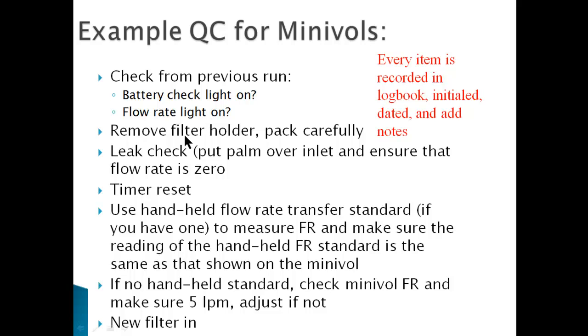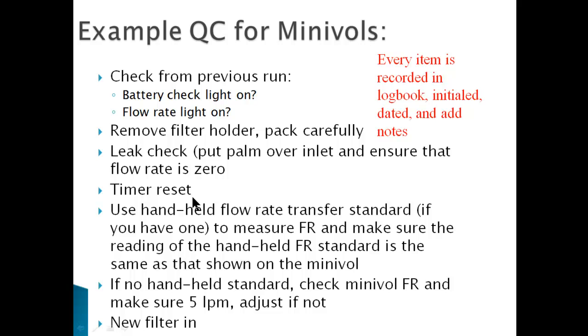And this could be, expand this a little bit, add some pictures, and this is an SOP. You remove the filter holder, you pack the filter very carefully. You do a leak check. Well, how you do a leak check isn't very sophisticated, but it's effective. You put your palm over the inlet and you make sure that the flow rate drops to 0. If it doesn't, then you've got a leak somewhere.